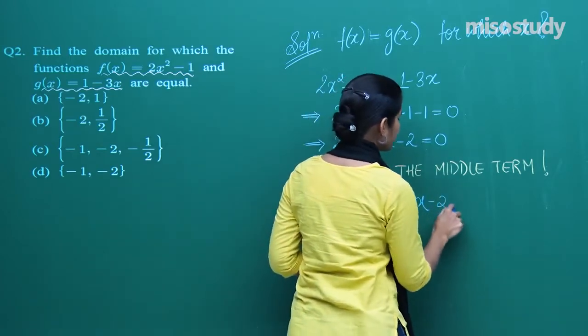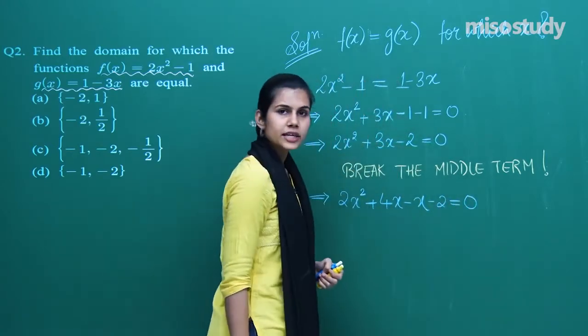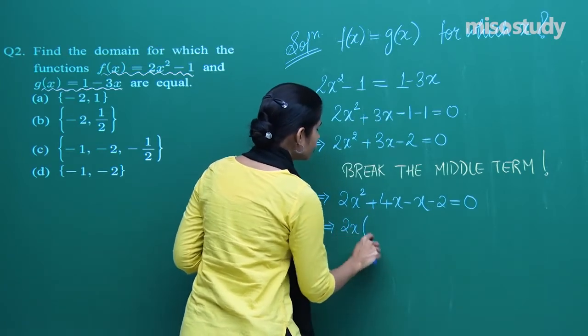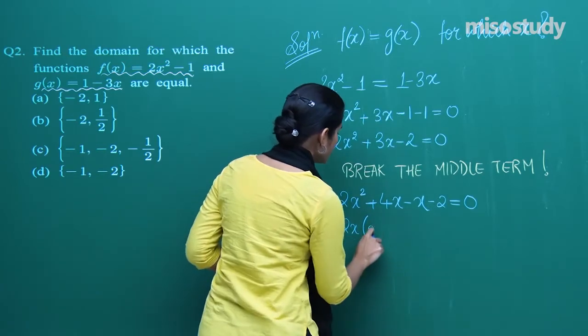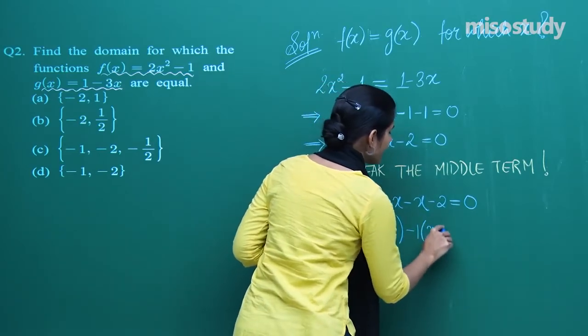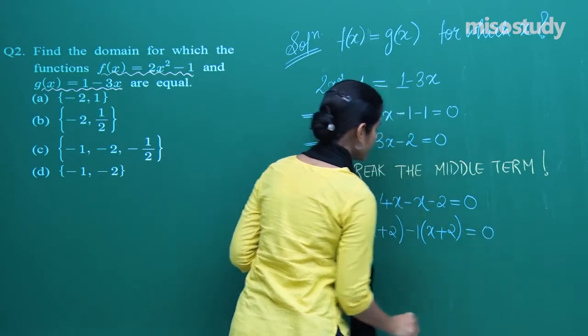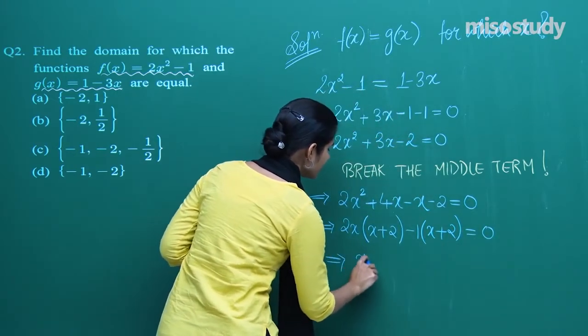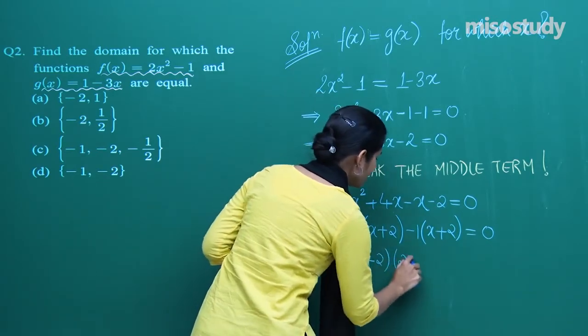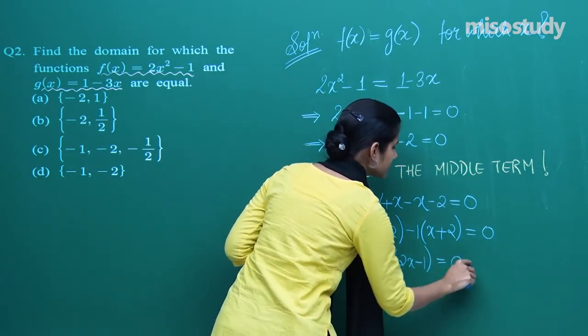So you will have this. And then just take out the common term. 2x comes out common. You get x plus 2 inside the bracket minus 1 times x plus 2, which becomes, just collecting the common terms, x plus 2 and 2x minus 1 left.